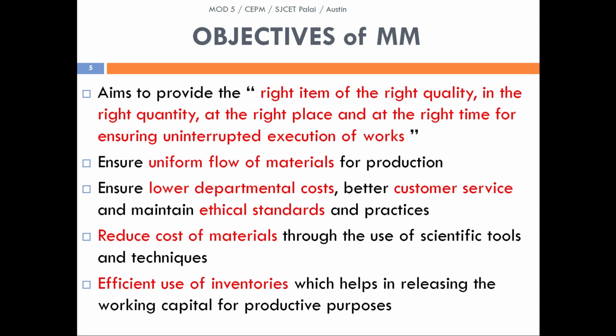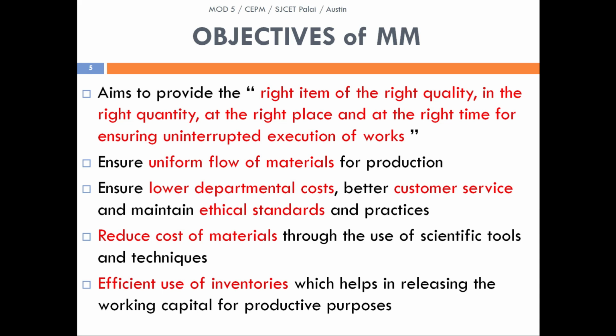The fourth one, reduce cost of materials through the use of scientific tools and techniques. So this means that we have to clearly identify which are the critical materials that have to be taken care of. There may be many materials on a site, of which very few, say 1 or 2, may be critical.